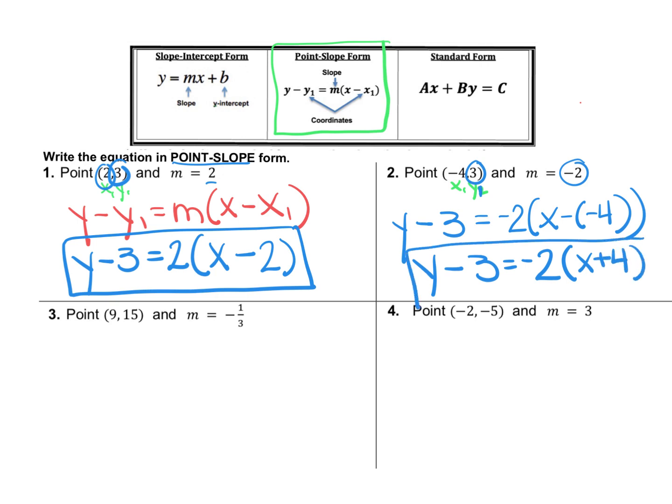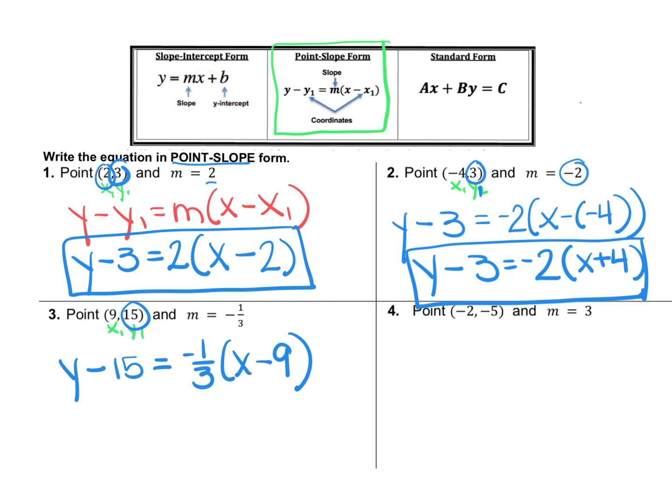So here it is written in point-slope form. All right, so for number 3, again, here's our x1, y1, and we're going to have y minus 15 is equal to our slope of -1/3 times (x - 9).